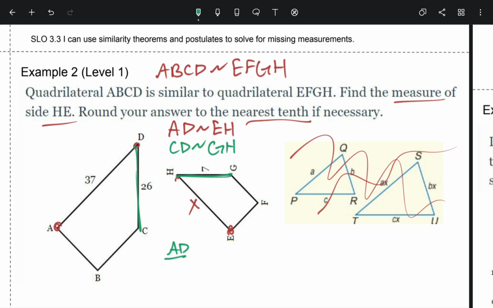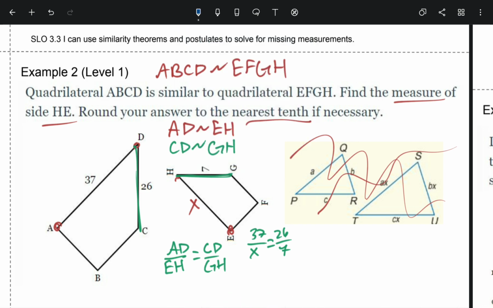I'm going to do AD over EH equals CD over GH. AD is 37, EH is our unknown X, CD is 26, HG is 7, or GH.